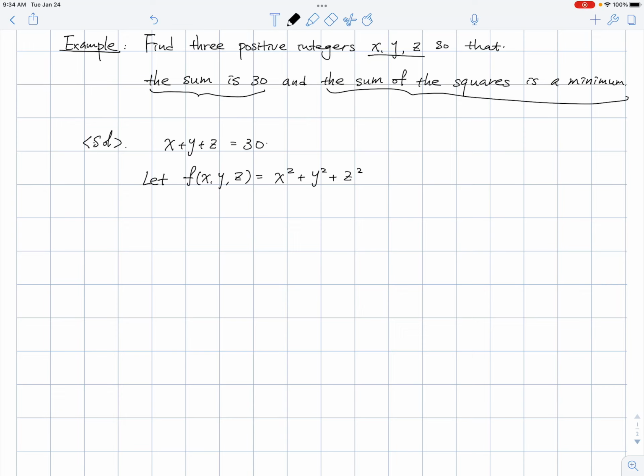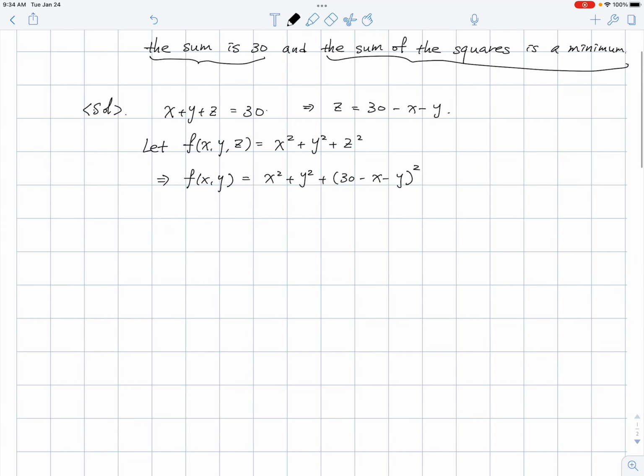And we're looking for the minimum of this function value f. But according to the constraint x plus y plus z equal to 30, we can write the function f of x, y, z in terms of x, y only. That would be x squared plus y squared plus (30 minus x minus y) squared, because z is equal to 30 minus x minus y.